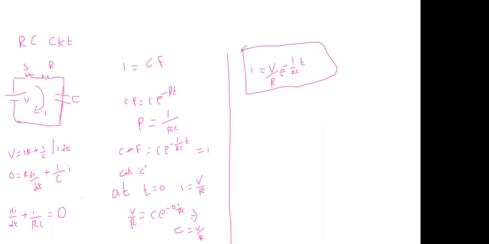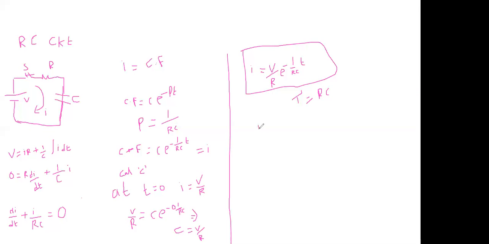Here in this case, the time constant of the RC circuit, tau, equals RC. The time constant of the RL circuit is L by R, and the time constant of the RC circuit is RC.